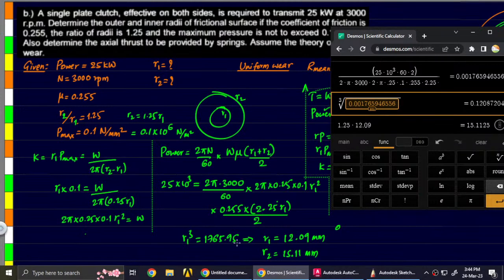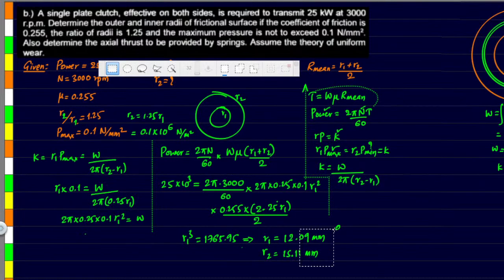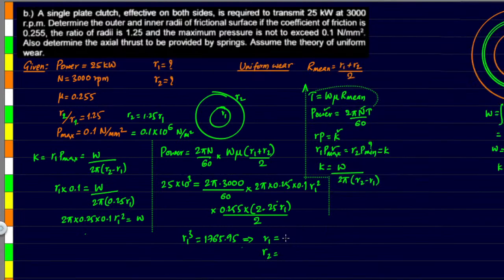With this one, when we do it like that, it is giving us the value 0.121 in meters. 0.121 meters means 121 mm.